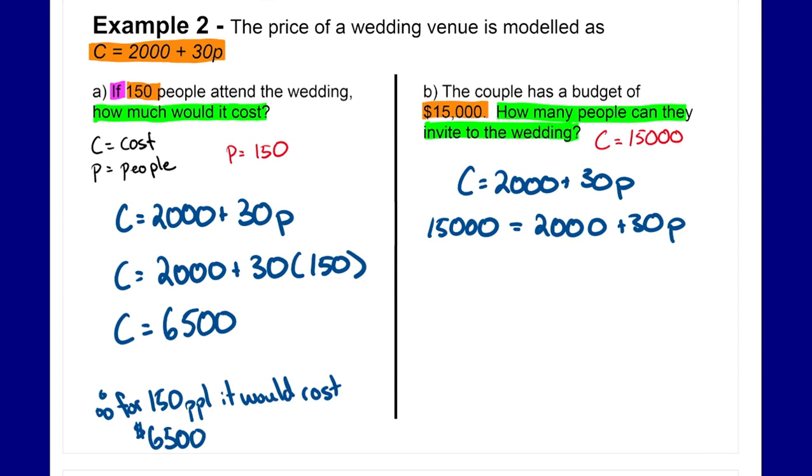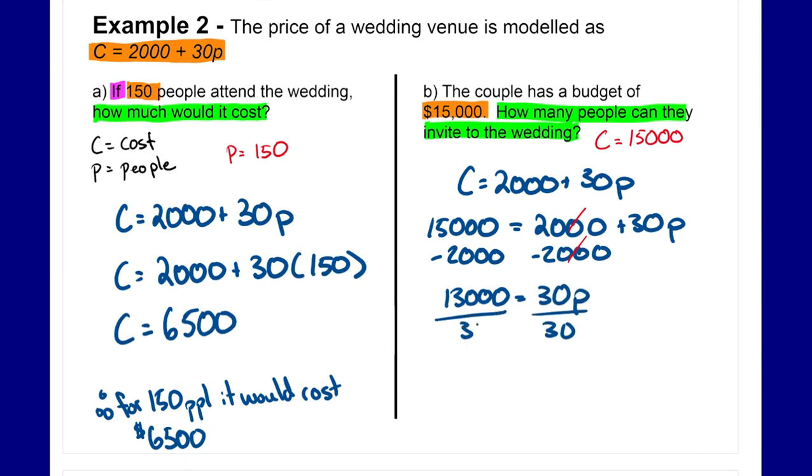Now I have a two-step equation. I can solve for p. I'm going to remove the non-variable term, so minus 2,000 from both sides. One side cancels out. 13,000 equals 30p. Divide both sides by 30.